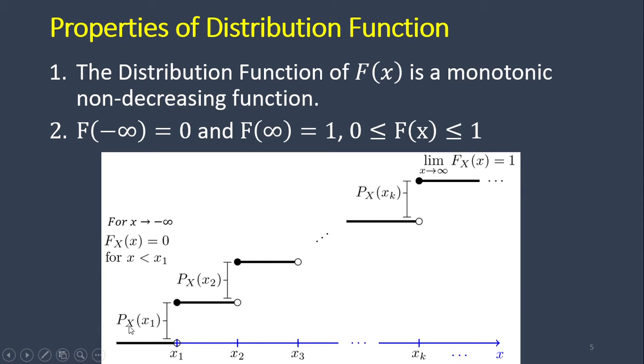Look on the left-hand side, for x tends to minus infinity F(x) is 0, and at the top corner, x tends to infinity F(x) is 1. F(x) is always less than or equal to 1 and greater than or equal to 0, so it lies between 0 and 1.